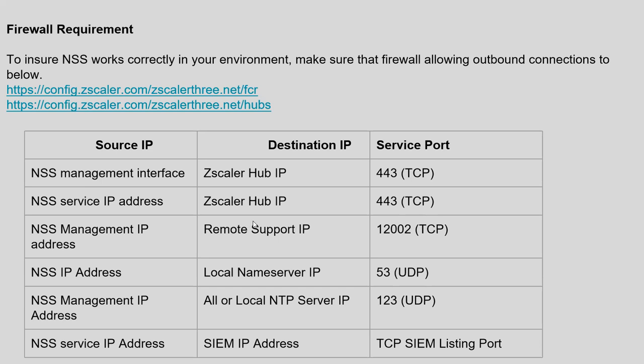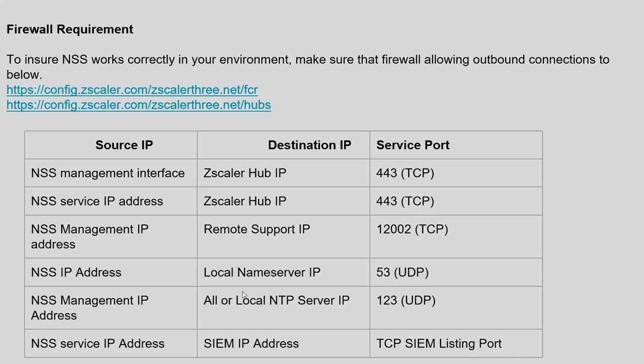For remote support purposes, we need to allow port 12002 TCP protocol, right? And for DNS resolution, we need to allow the local name server, or if you have configured a public name server, then that too, on port 53.